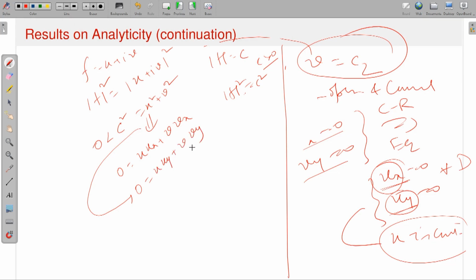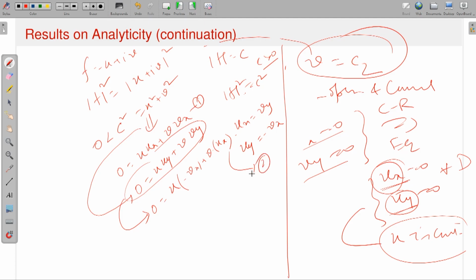Now these are the two equations you will have, but u and v satisfy the Cauchy-Riemann equations, that means ux is equal to vy and uy is equal to minus vx. So you just replace in this equation, so 0 is equal to uy is equal to minus vx and vy means ux. Now you have 1 and you have 2. So you do some algebra.